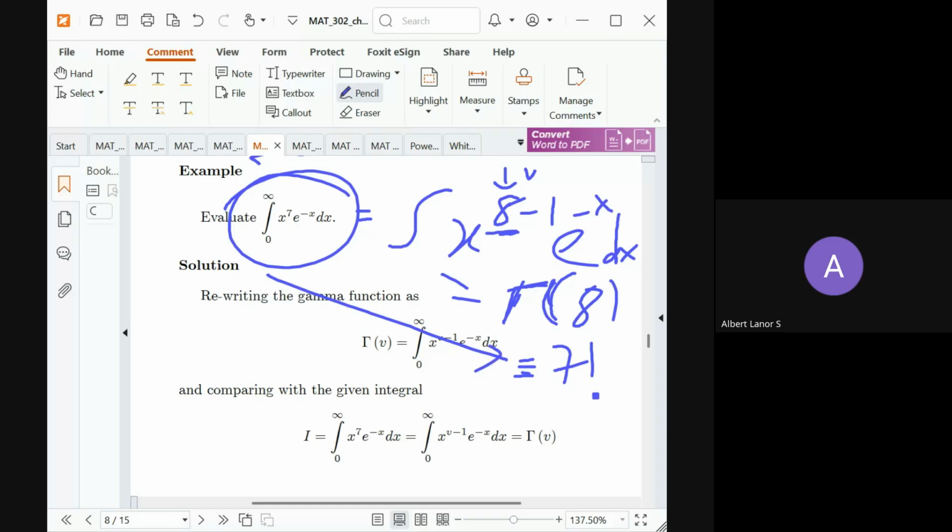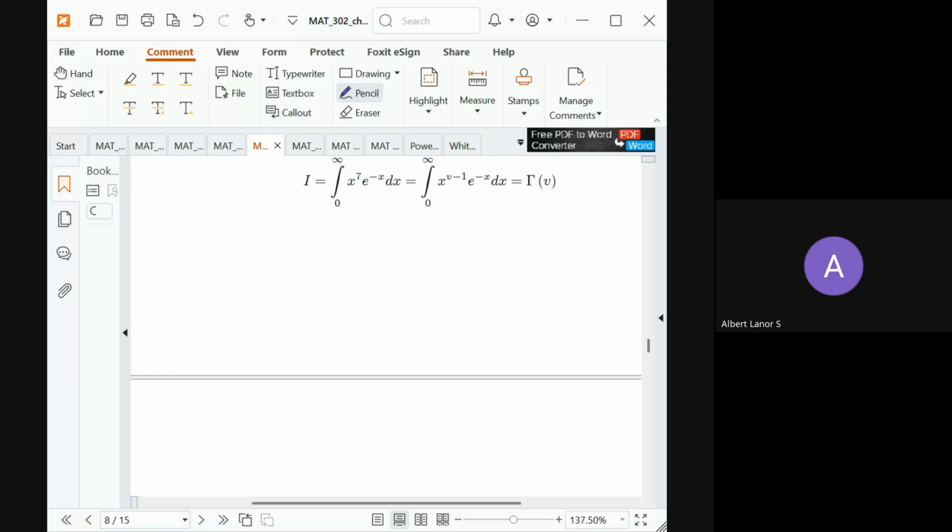Now, remember that this function we can integrate using integration by parts, then evaluate it using improper integrals. But when you push it into beta gamma functions, you obtain a direct statement for the value of the integration.